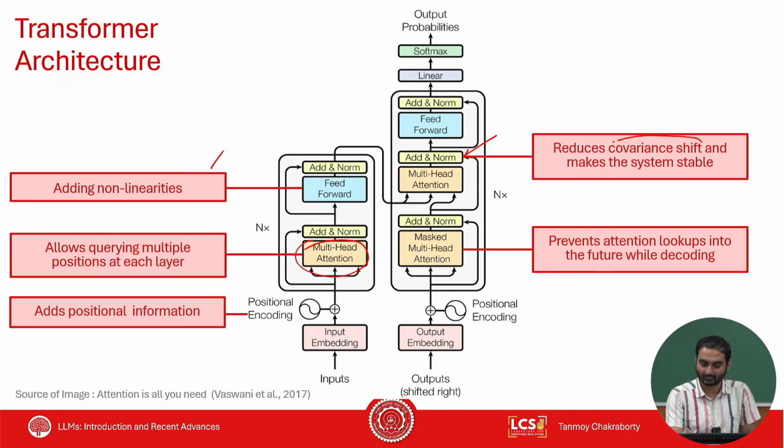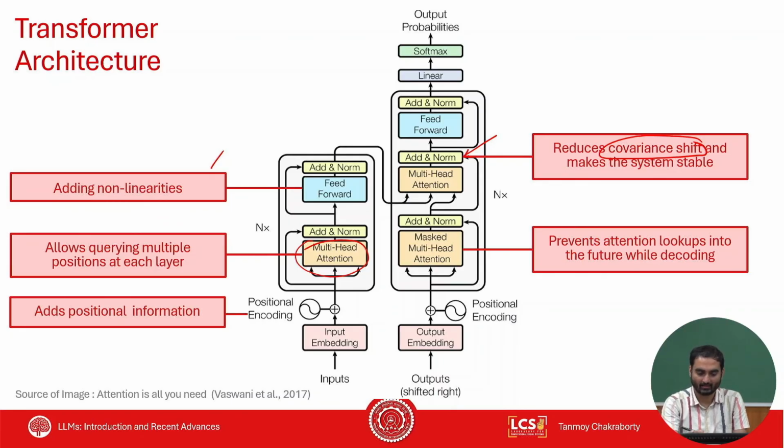What is this covariance shift? This is another important part of the normalization layer. When you move from one layer to another, it may happen that the entire covariance of the population gets changed because of this operation. So if you do normalization again and again, it will reduce the covariance shift across different layers.